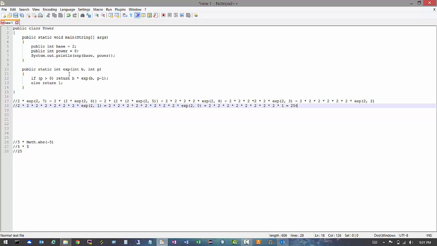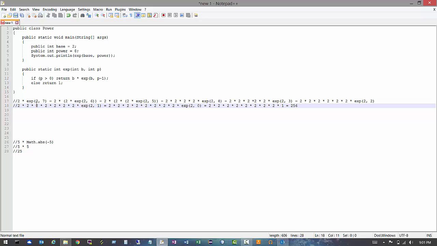As long as our power stays above 0, we're going to take the base and multiply it by the same base to 1 less power. And if you think about how powers work, it's exactly right.